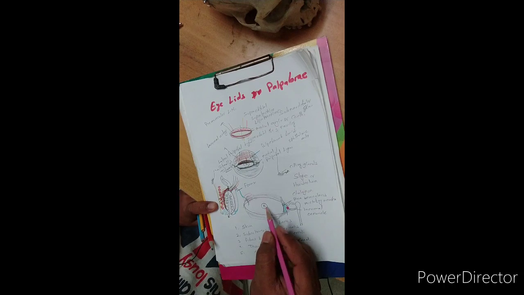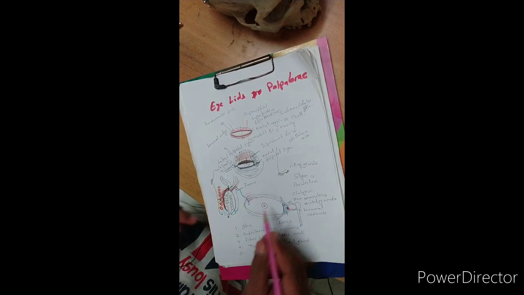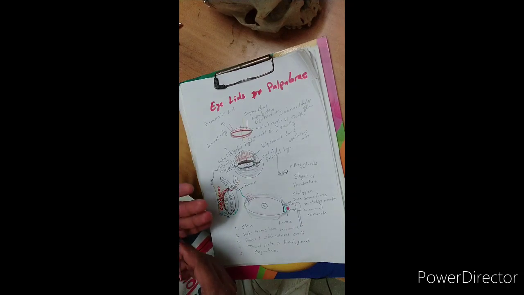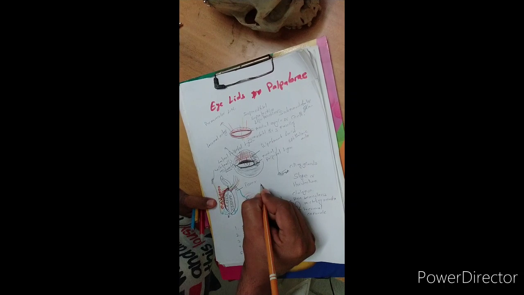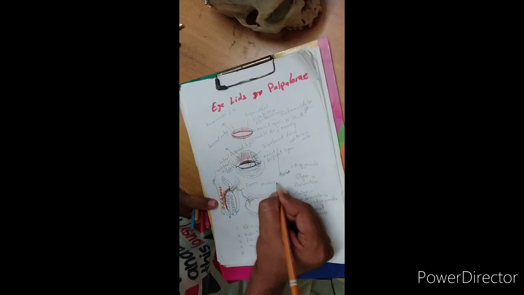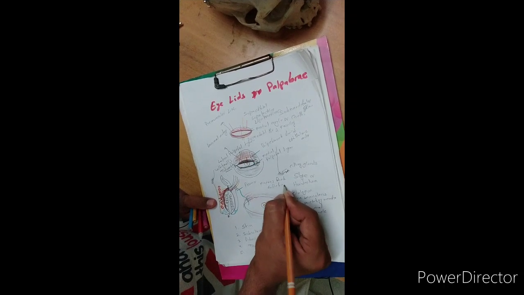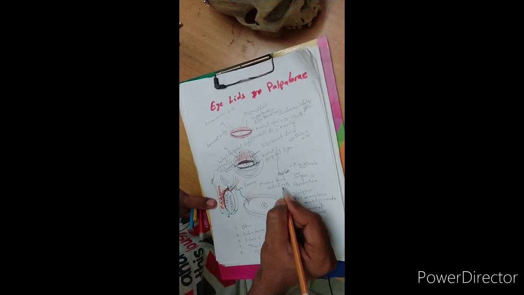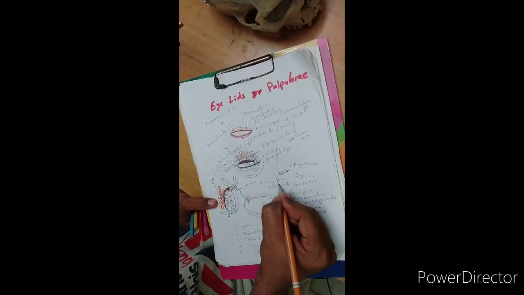Clear? Now the whole conjunctiva is lined by mucus-rich goblet cells, which secrete mucus fluid.